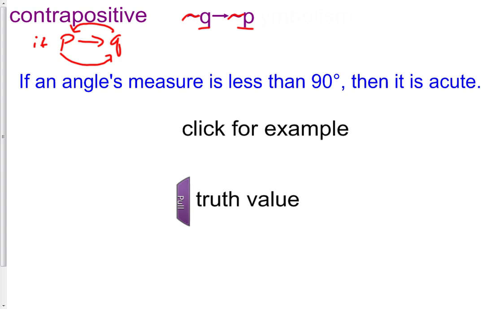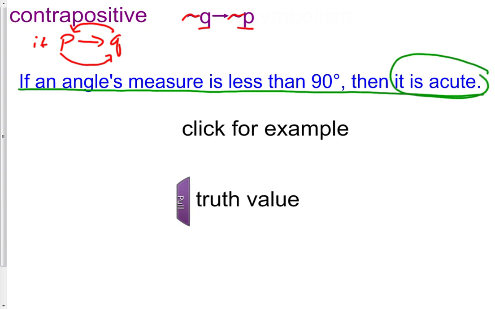So here's what we have. We have our conditional statement. But now this part is going to come first. So if an angle measure is not acute, that's going to come first, then it is not less than 90 degrees.